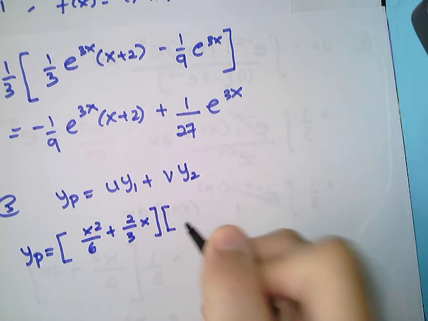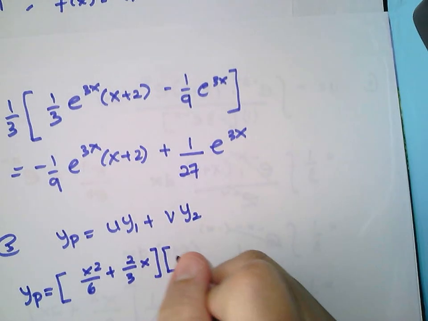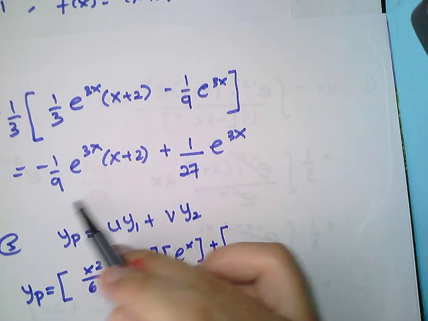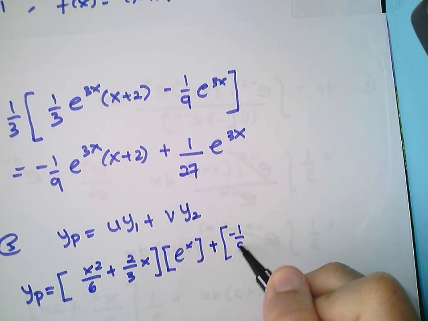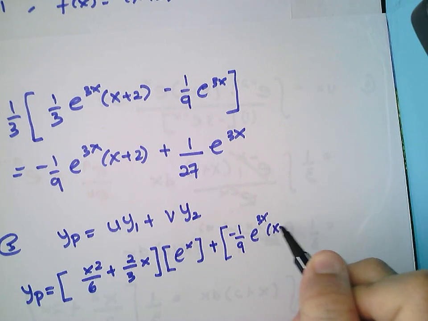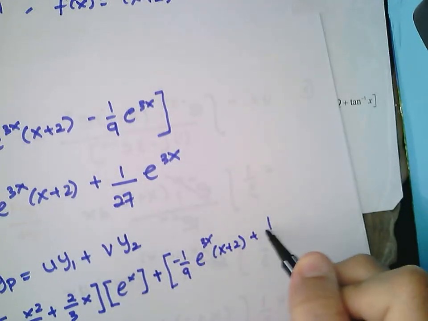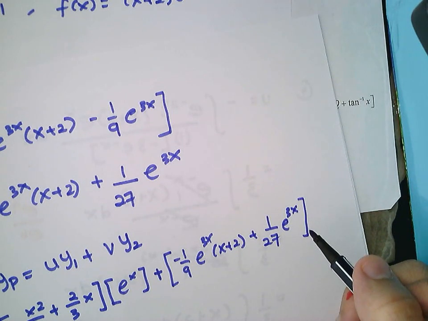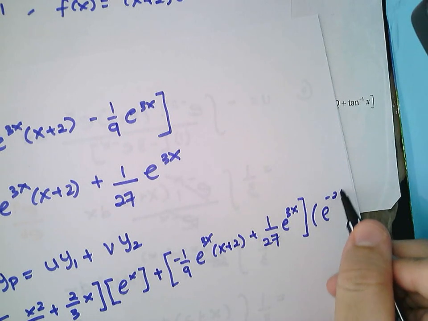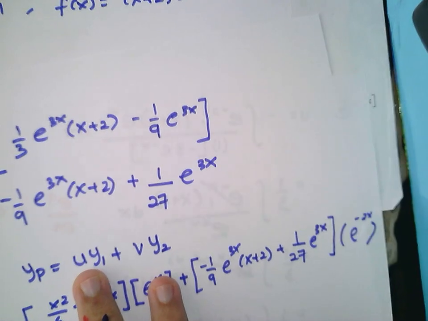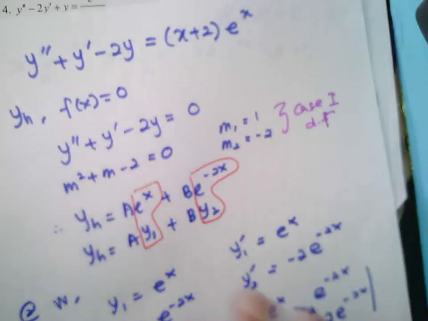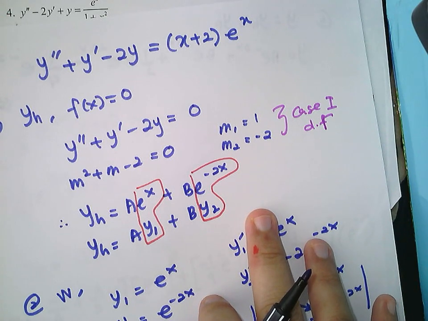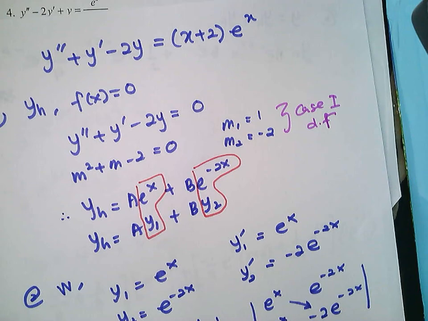Your y1 is exponent x. What is your v? The whole function here: negative 1 over 9 e3x, x plus 2, plus 1 over 27 e3x, times your y2, which is exponent negative 2x. Remember, in your first step you already decided what your y1 and y2 are, so you have to stick with your y1 and y2 until the end of the solution.